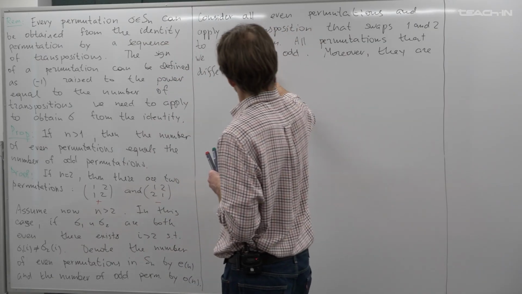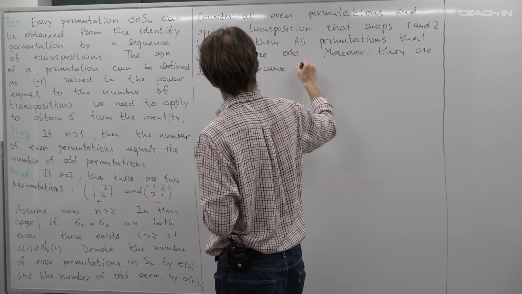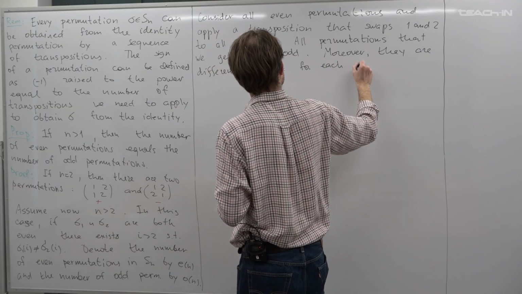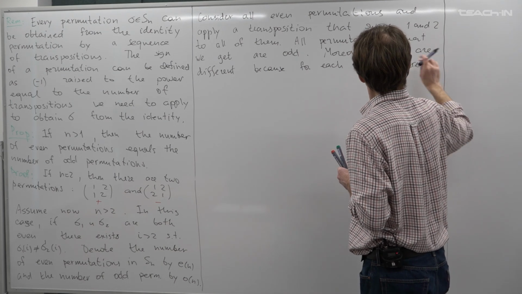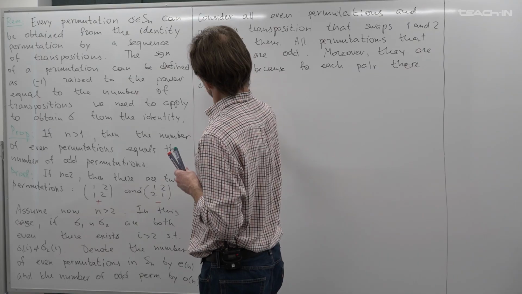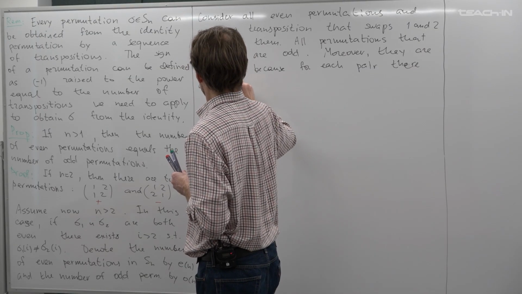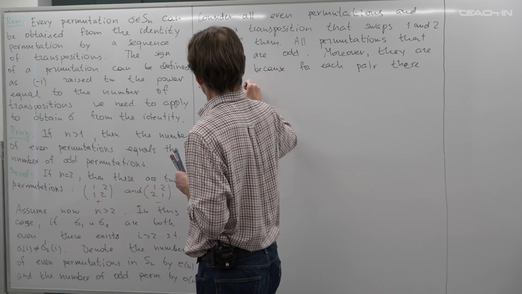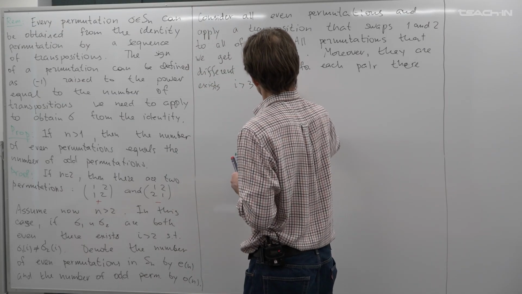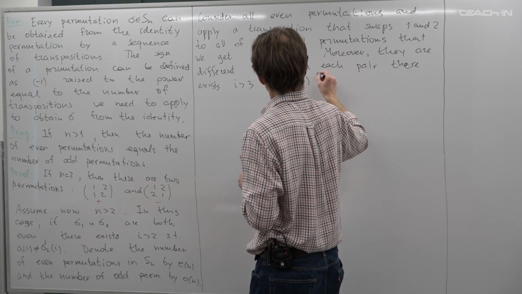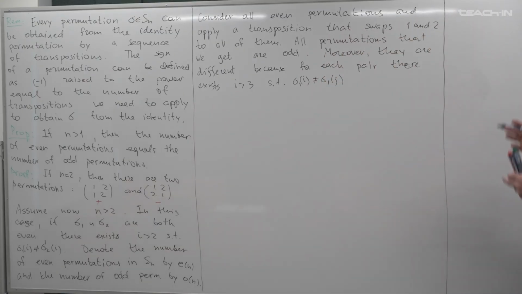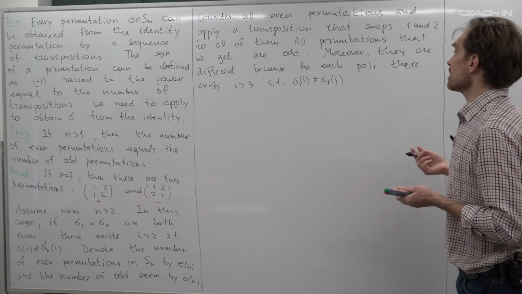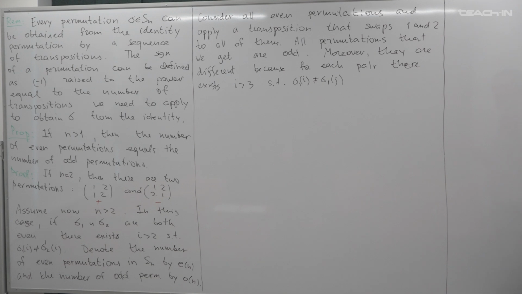Because for each pair, there exists an element I greater than 3, as we proved before, such that sigma 1 of I is different from sigma 2 of I. So when we swap the first two elements, these elements also remain different. So the permutations we get are also different.